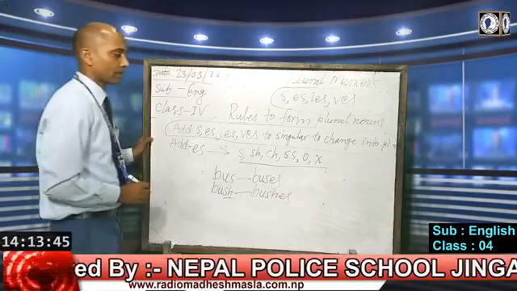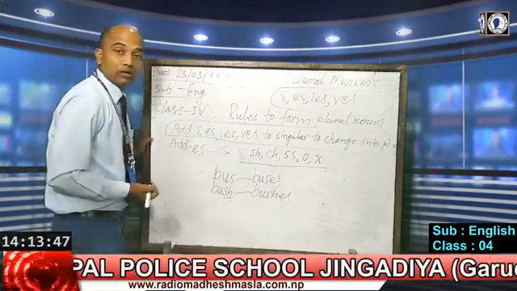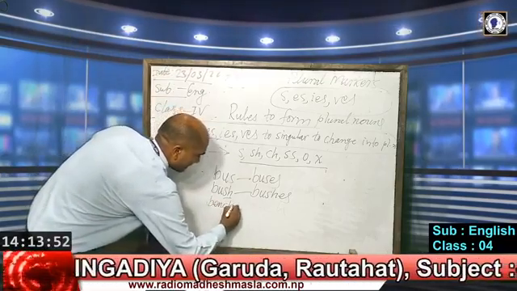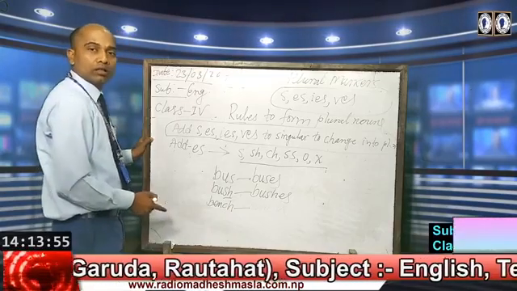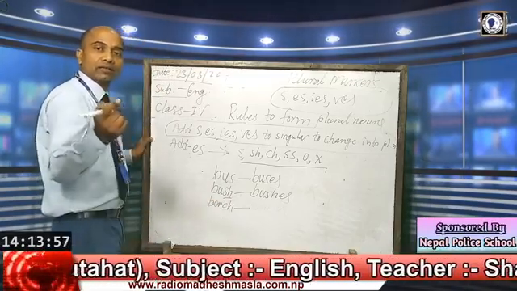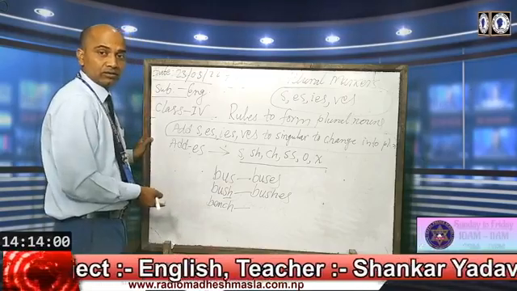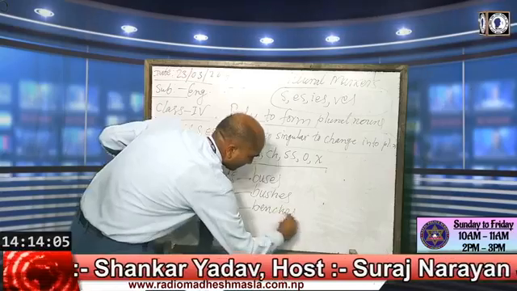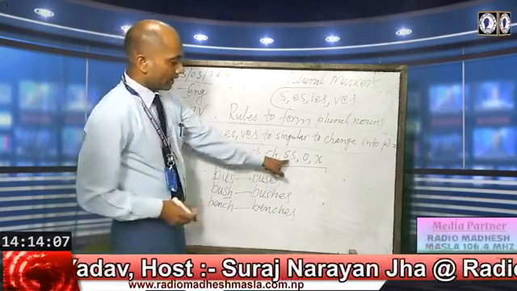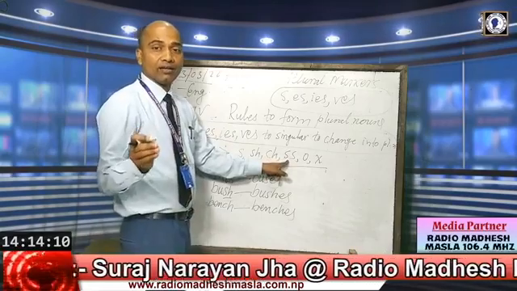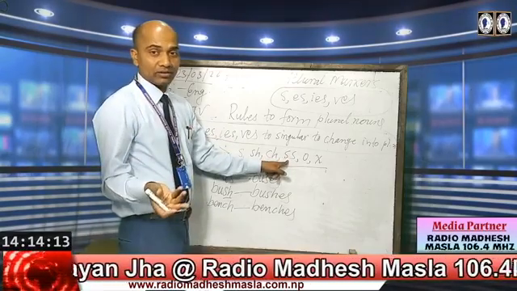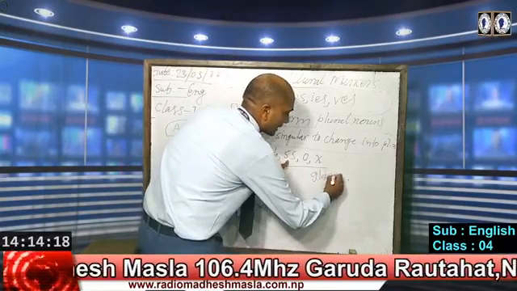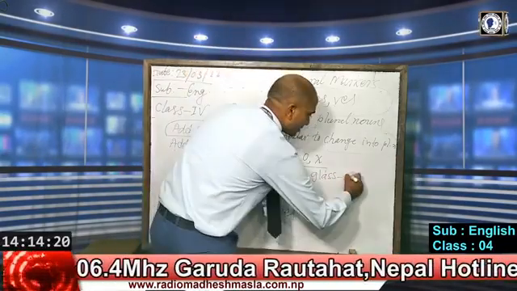Now the word having ch, B-E-N-C-H, bench. The word bench has the ch at the end of it, so it takes es. Benches. In the same way, the word having ss at the end of it takes es. G-L-A-S-S, glass. Glasses.